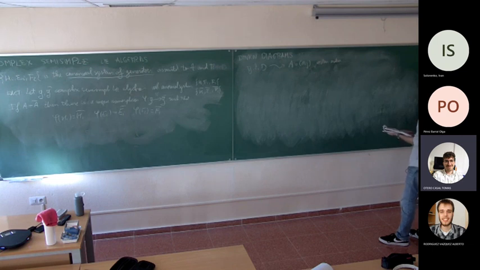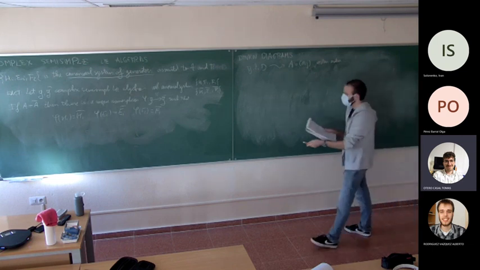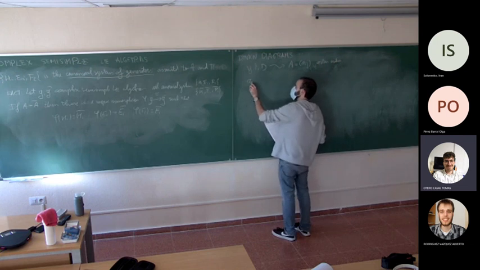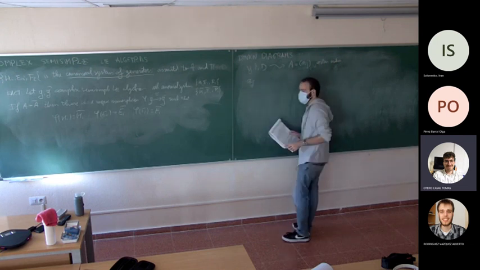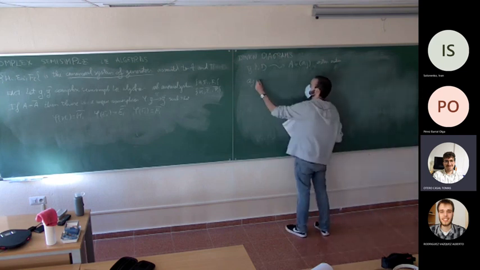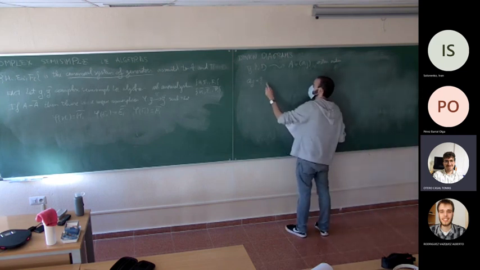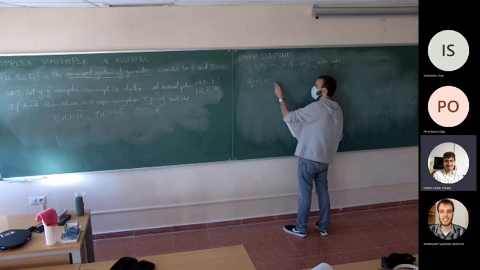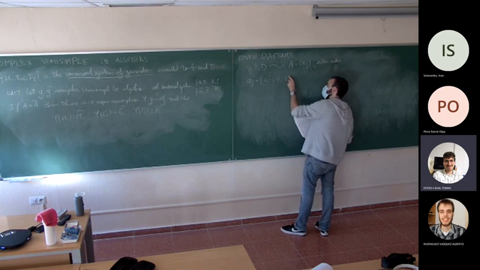So first I'm going to say some properties about the Cartan matrix. First is that the coefficients a_ij are integers, and when i isn't equal to j, they are either 0, -1, -2, or -3.